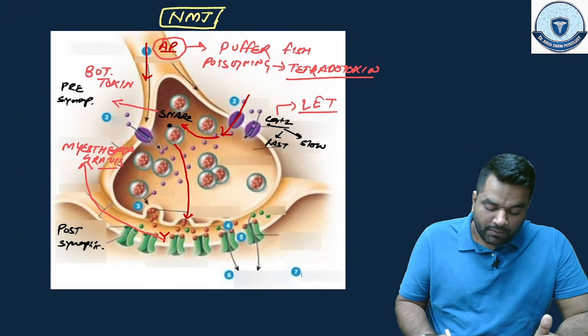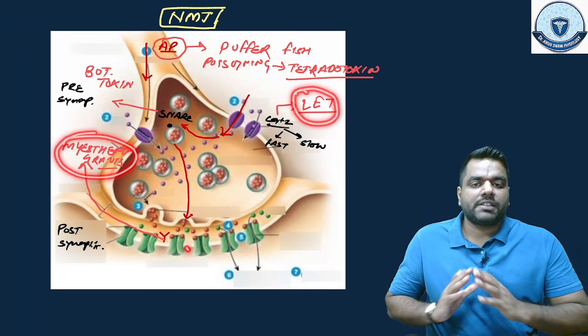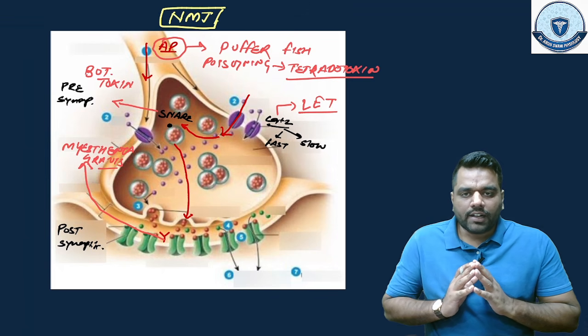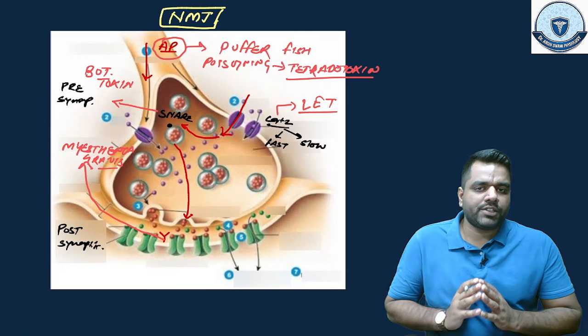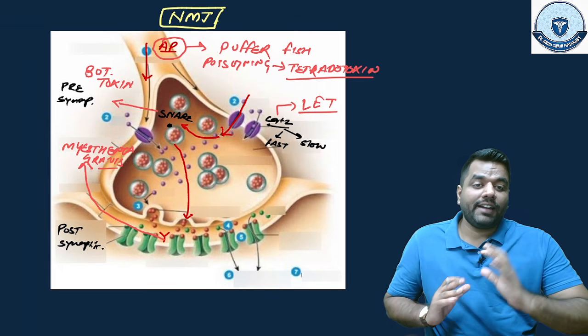Guys, in Lambert-Eaton and in myasthenia, the condition will be the same. Muscle will be fatigued, muscle will be paralyzed, all the conditions will be the same. You only have to differentiate Lambert-Eaton and myasthenia gravis on the basis of the condition.